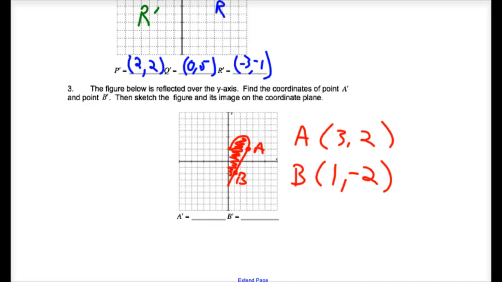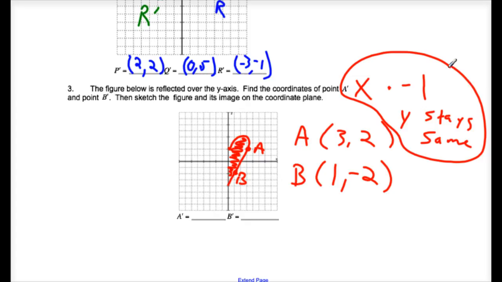We're going to do the x times -1, and then the y value stays the same. Jot things down to help yourselves out. So take A and B, multiply x by -1, keep y the same, and you will reflect those points.